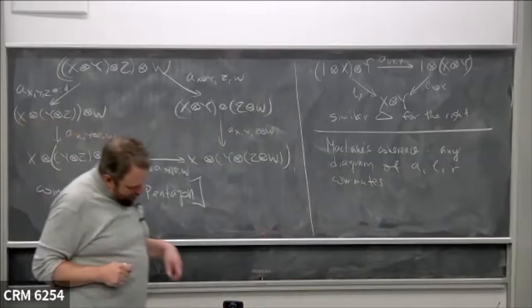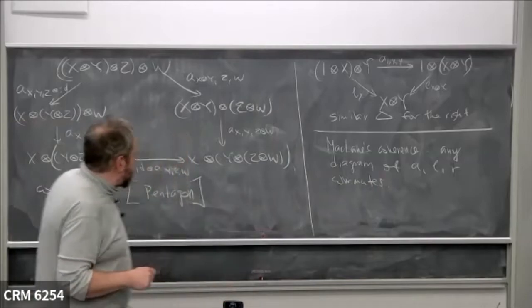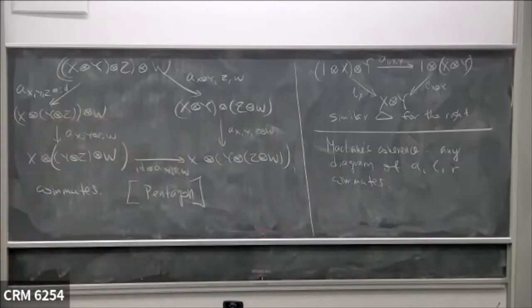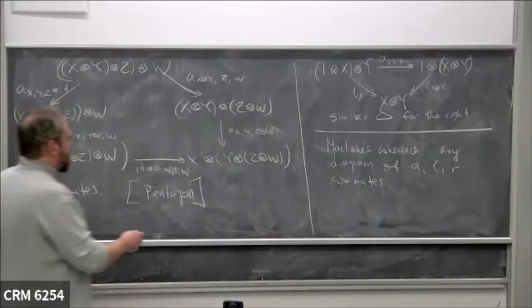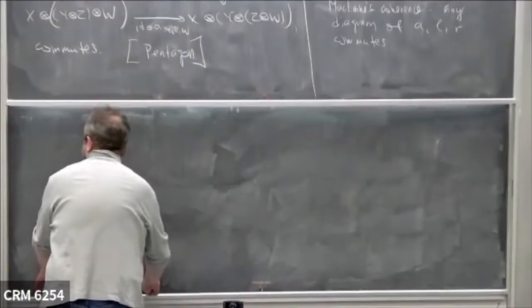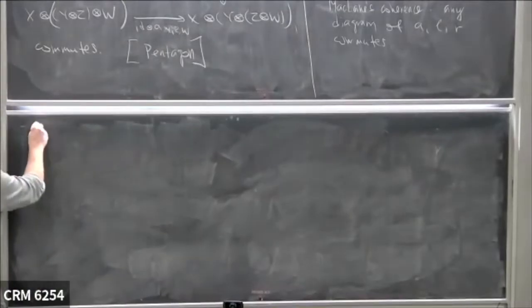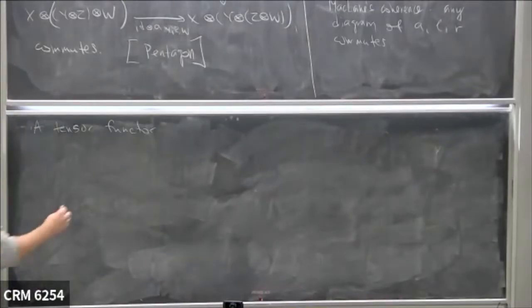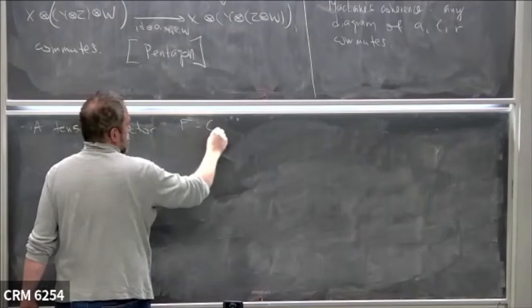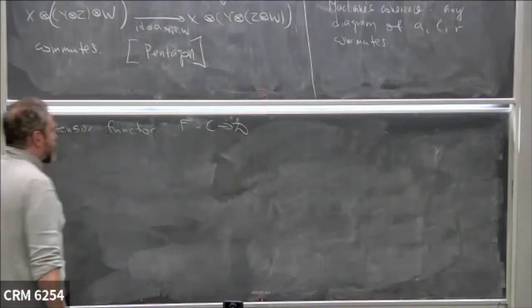Now, categories are meant to be studied not in isolation, but together. So we should talk about tensor functors. So a tensor functor between a pair of tensor categories, C and D, will be what? Well, it should be a functor that preserves the given structure, please.